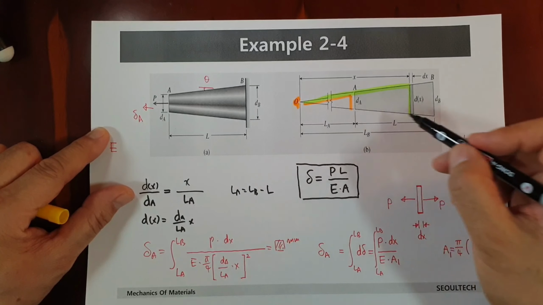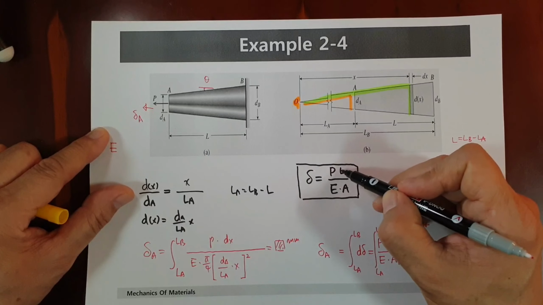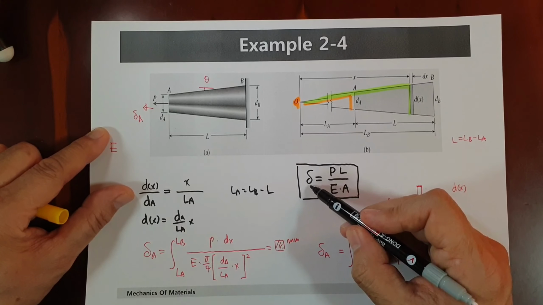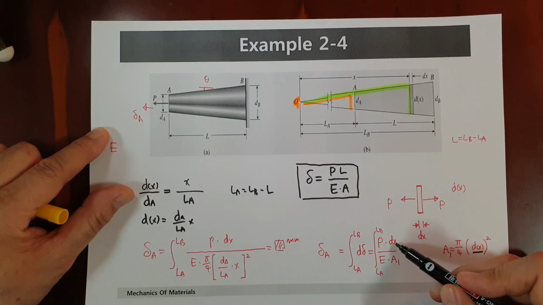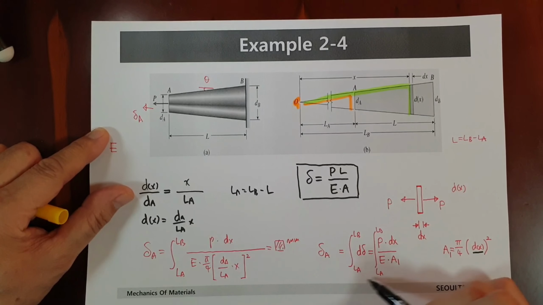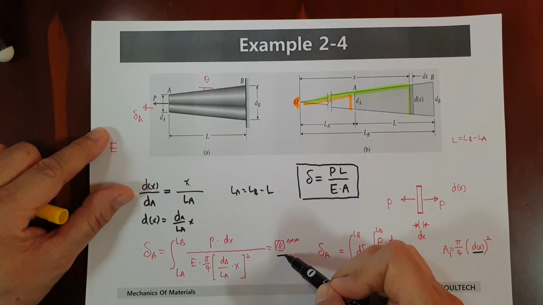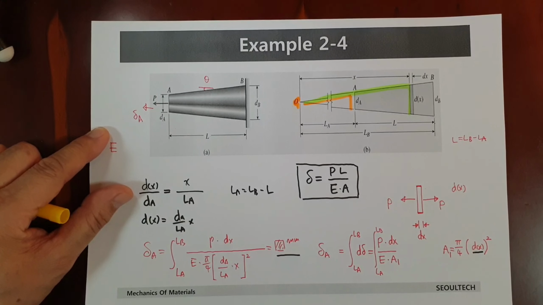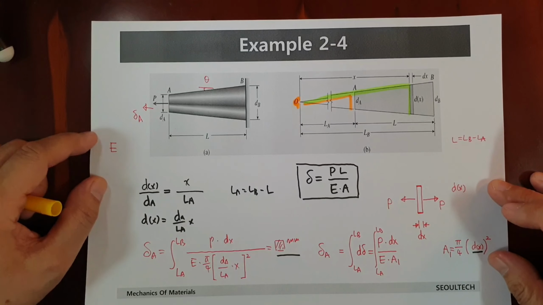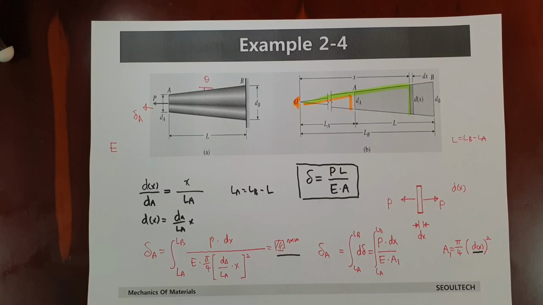And for a continuous system, instead of delta and L, we apply d delta and dx. Then when you accumulate, when you sum it up, finally you can get the answer like this. Okay, that's the continuous systems case example.